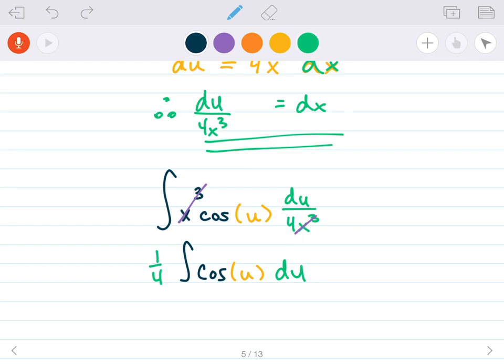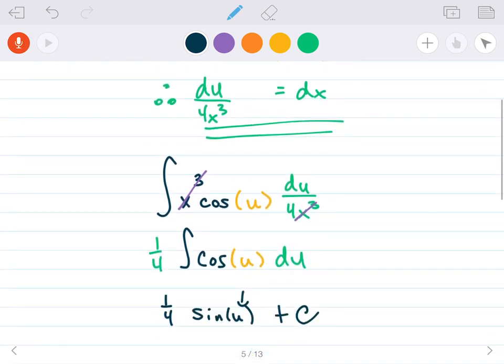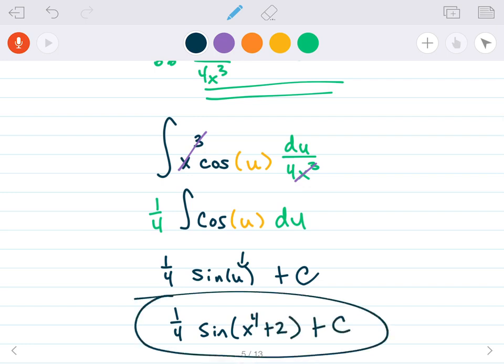So this is just going to be a 1/4 from the outside, sine of u plus c, right? And our last step is to plug in our original u, which was x to the 4 plus 2. So my final answer is 1/4 sine x to the 4 plus 2 plus c. That is my final answer here.